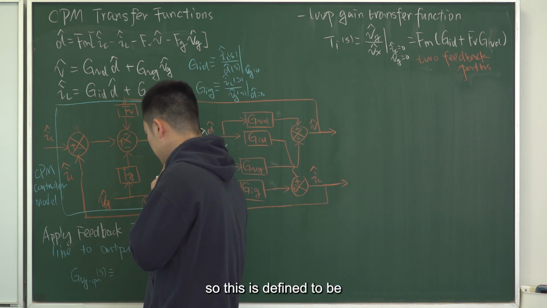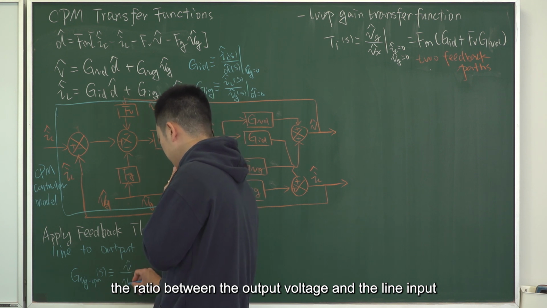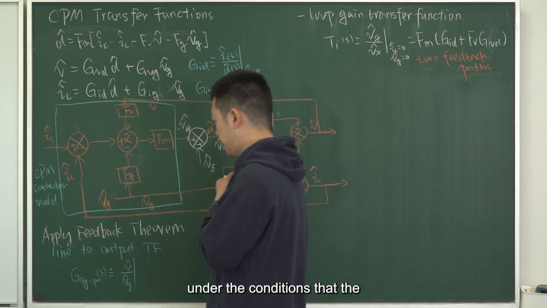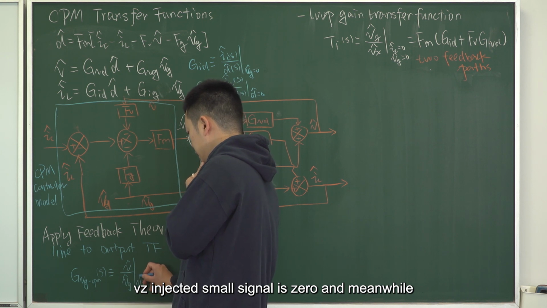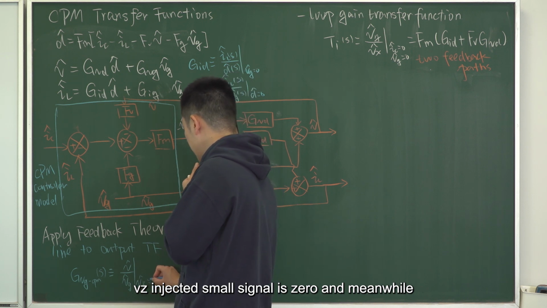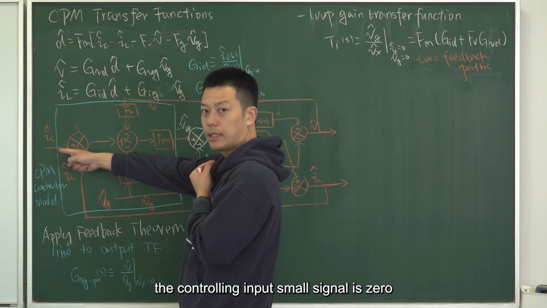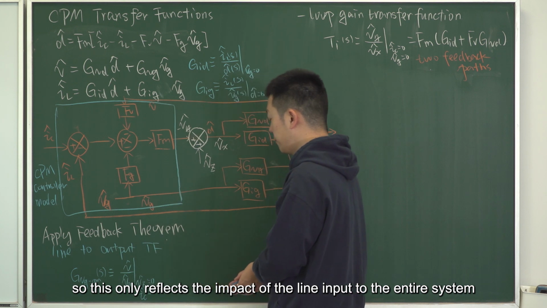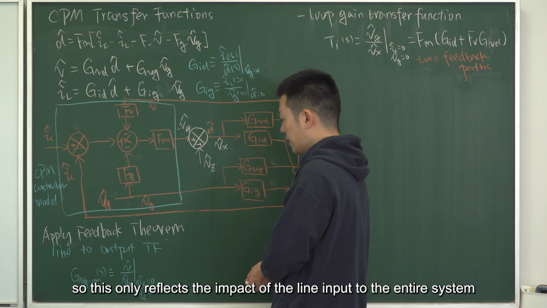So this is defined to be the ratio between the output voltage and the line input, under the condition that the Vz injected small signal is 0, and meanwhile the controlling input small signal is 0. So this only reflects the impact of the line input to the entire system.